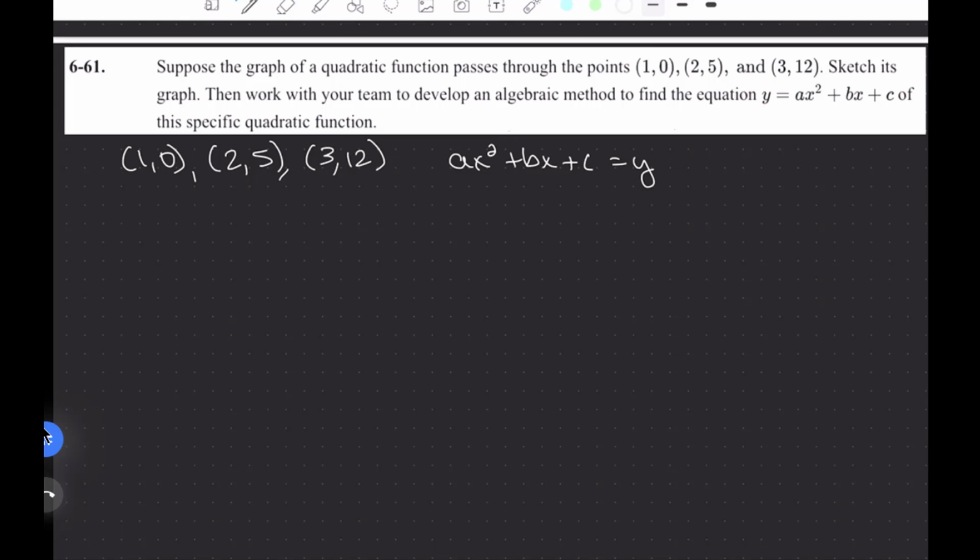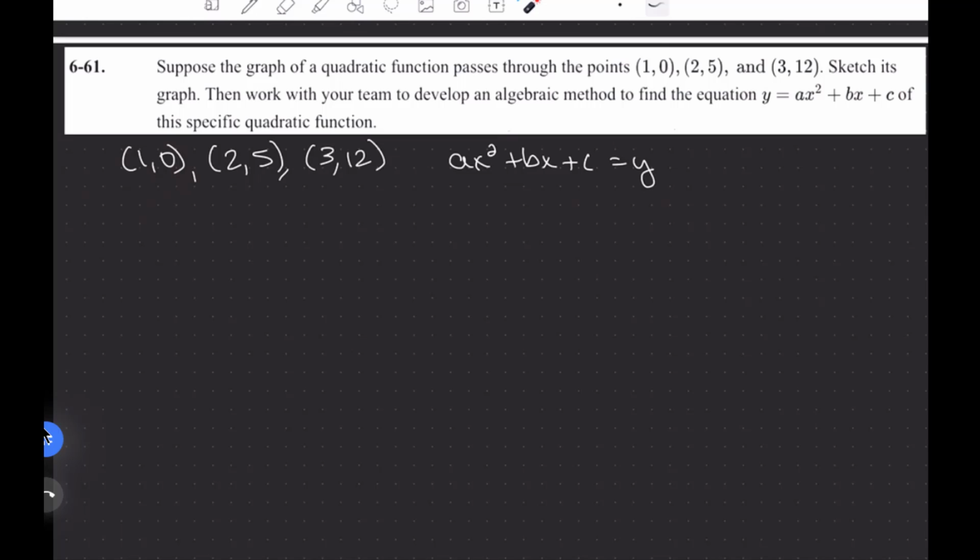So when it comes to our 3 points, if we look at the first point, that 1 and 0, what does that 1 and 0 represent? X and Y, right? So I can take this 1 point and plug it into my equation for X and Y, and it's going to give me one equation.